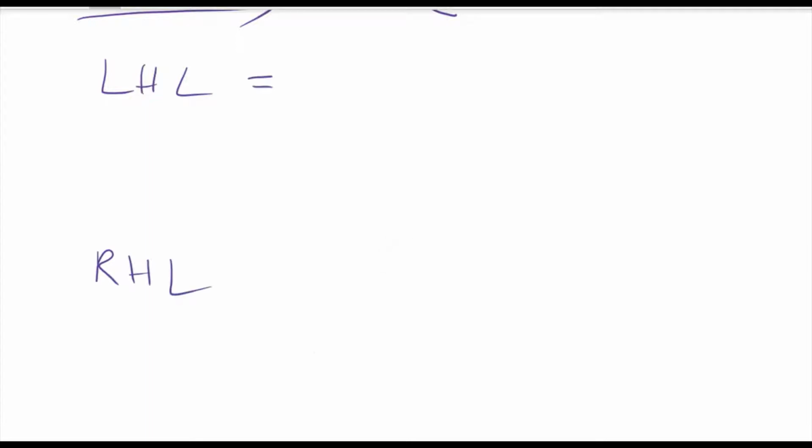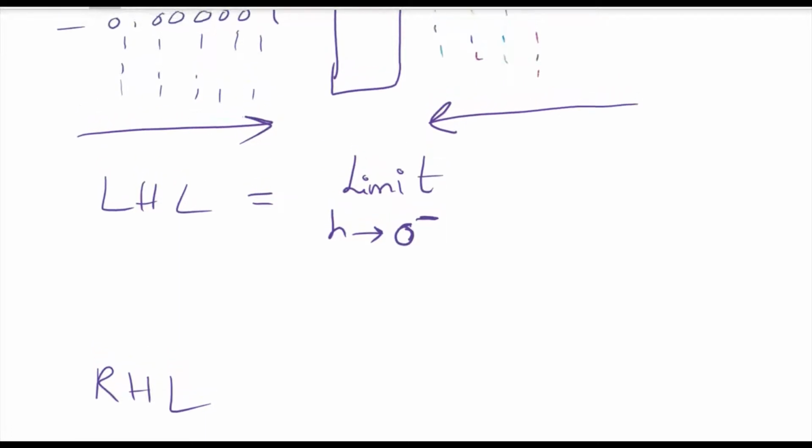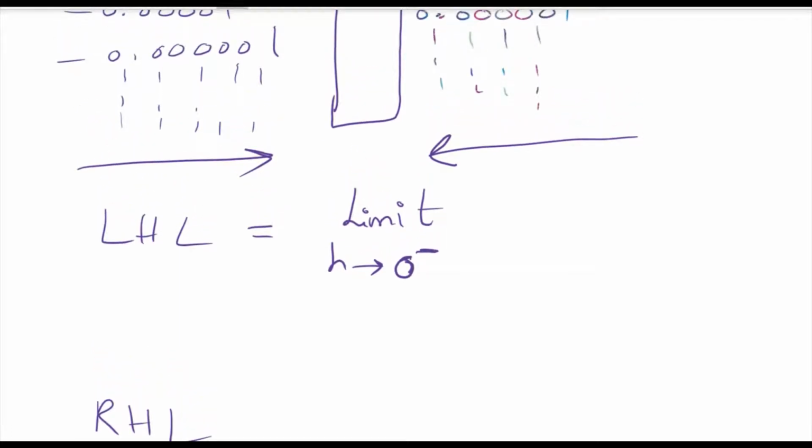For the left hand limit, h tends to 0 minus. We call it 0 minus, but it is not equal to minus 0. The notation 0 minus just indicates that I am approaching this 0 from the left hand side. That's the meaning of that.